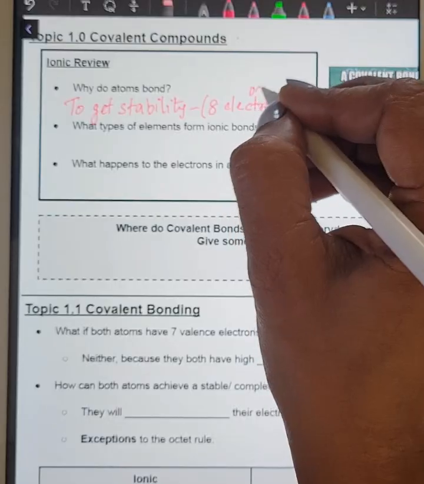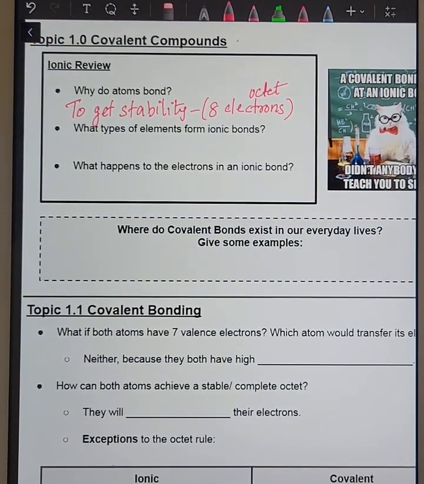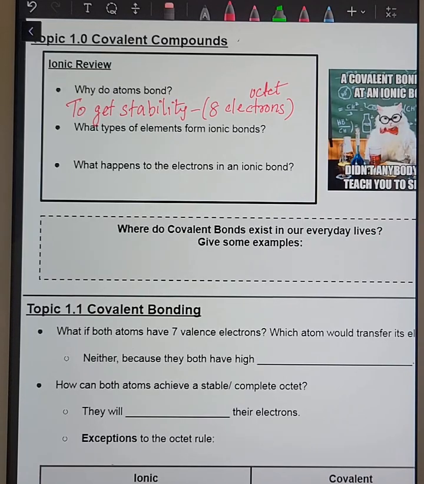So 8 electrons, that is the octet. So that's why atoms are reacting. Some elements, if they have electrons less than 4, they will lose electrons. And if they have greater than 4, they will gain electrons.